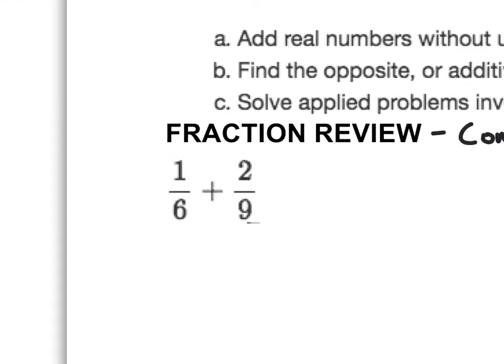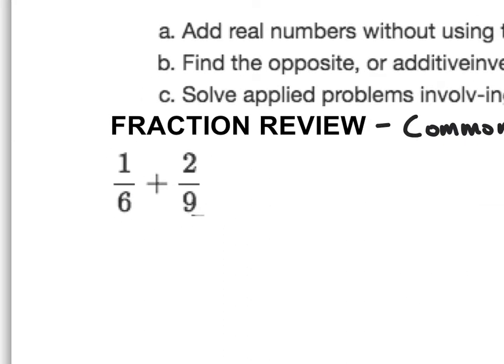So we have 1/6 plus 2/9. If I wanted to add these together, I need to turn the 6 into a 9 and the 9 into a 6. What we do is look at the multiples. I'm going to write out the multiples of 6 and multiples of 9.